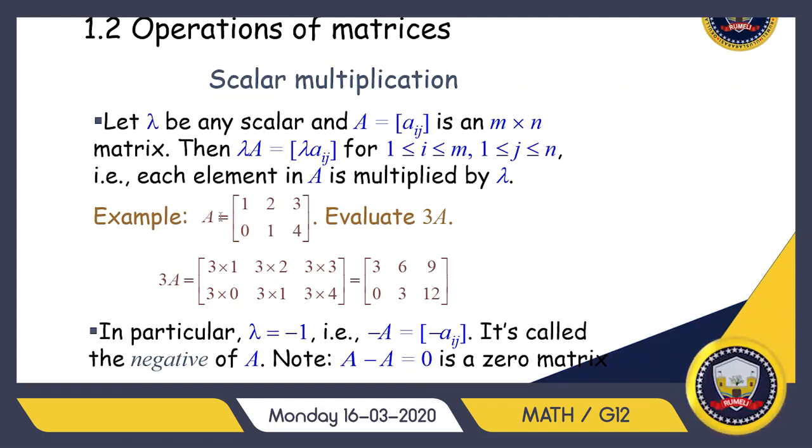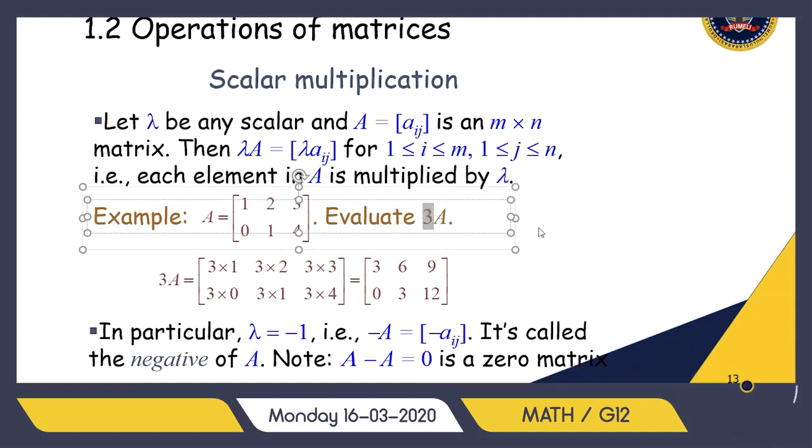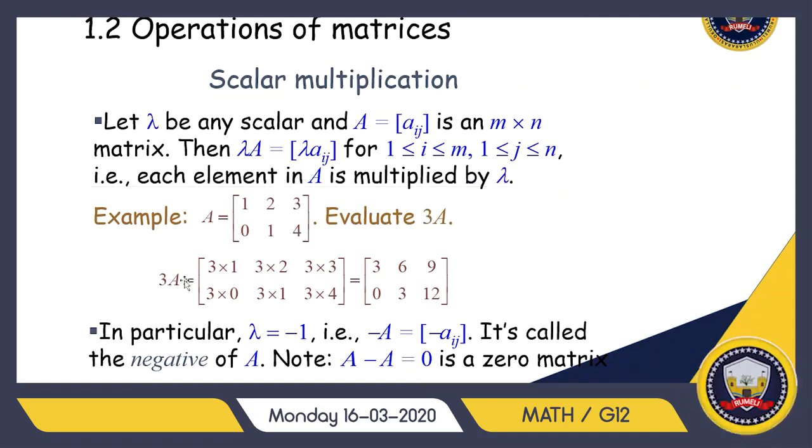So if A is 1, 2, 3, and 0, 1, 4, and the order of this matrix is 3 multiplied by 2, to evaluate the scalar 3 multiplied by the matrix A, we would say 3 multiplied by each one of these elements. 3 multiplied by 1, 3 multiplied by 2, 3 multiplied by 3, and so on.